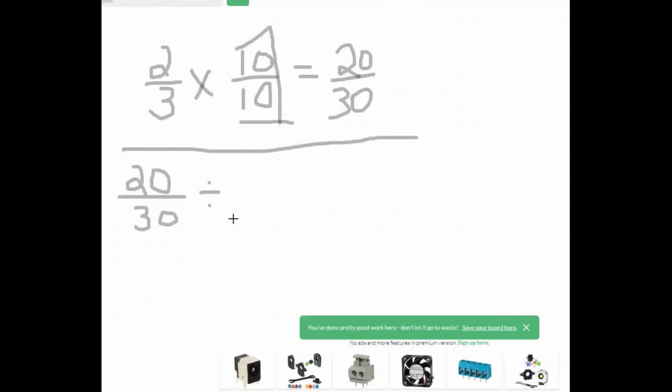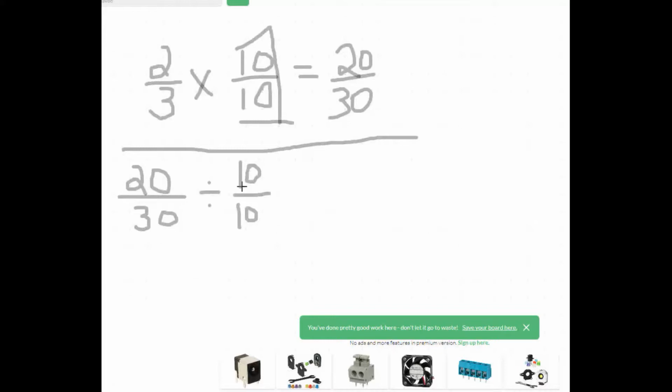Okay. But now you can't divide by just any number like you can up here. You have to think, what's the biggest number that these have in common? Probably 10. So we're going to divide both of those by 10 over 10, which is 1.